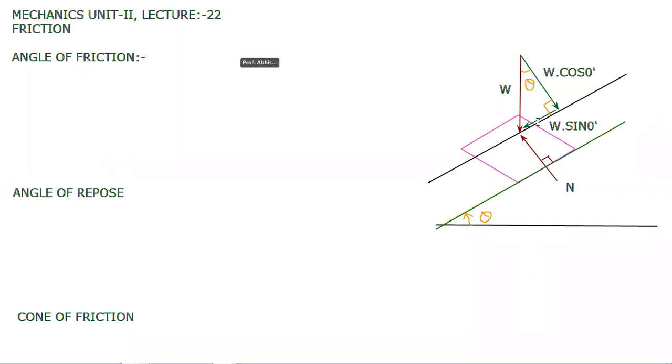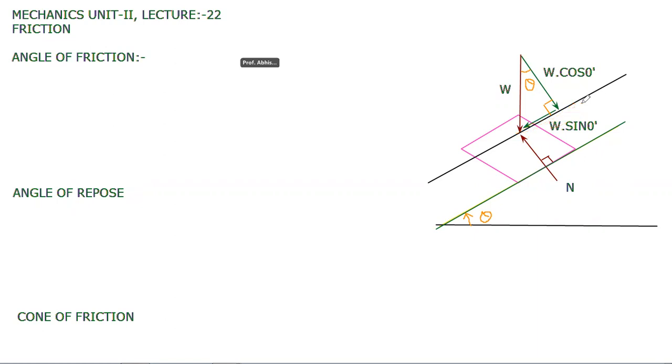Now you are able to get the two components of the weight W. One is W cos theta, which is perpendicular to the surface, and the other is W sine theta, which is parallel to the surface.